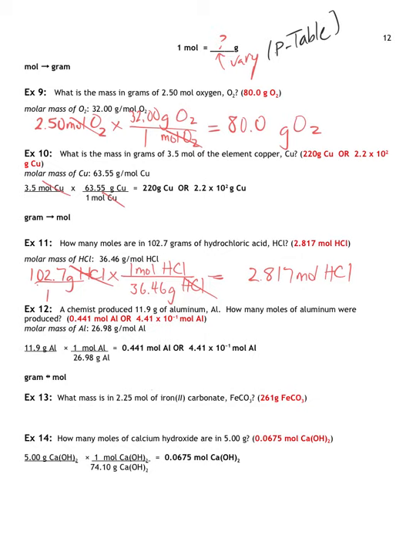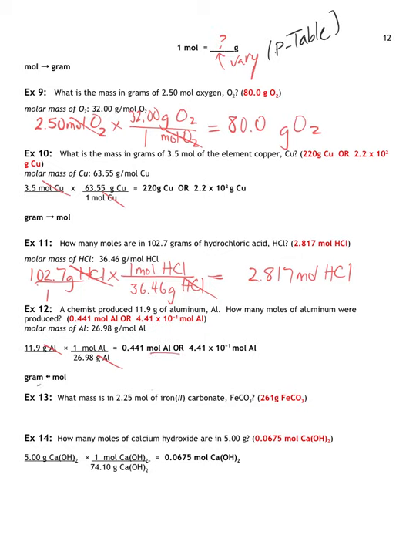Pause the video and work through example 12 by yourself. Of course, the answer is located right here as well. Okay? Unpause. When you see this, you want to, again, always cross-cancel your units so that you know that you're ending up with the correct unit.